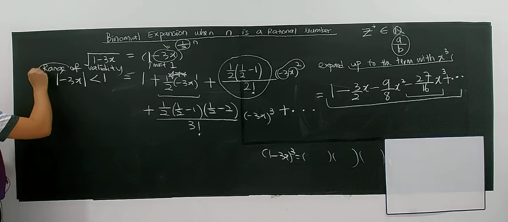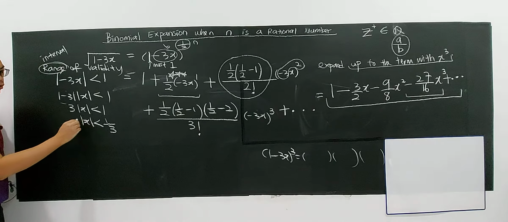It means that this expansion is valid if and only if the magnitude of negative 3x is less than 1, right? So you can take out the modulus of negative 3 and the modulus of x, less than 1. Modulus of negative 3 is 3. Modulus of x is less than 1 over 3.